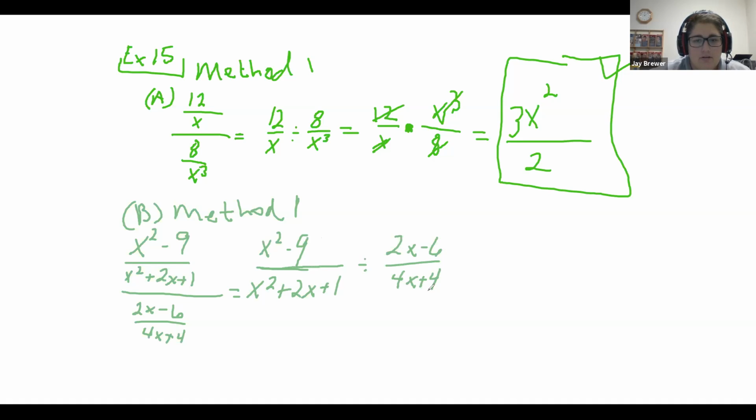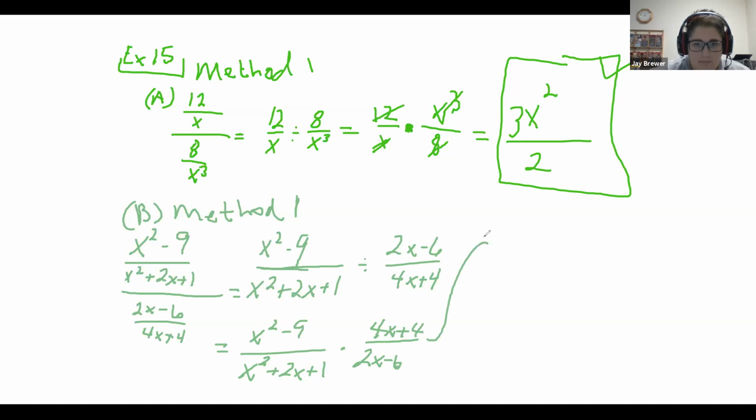But we all know that it's going to be the same process, okay? So you keep your first one the same. And then we're going to flip the reciprocal. Okay. All right. So now we can go through and we can factor.